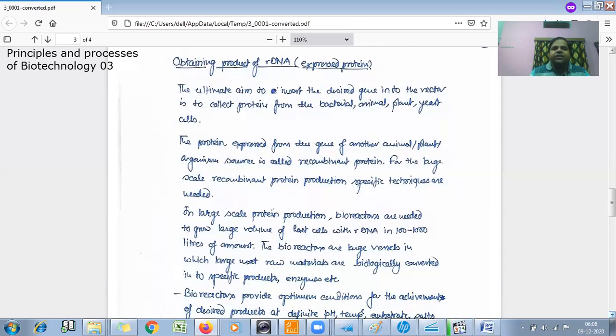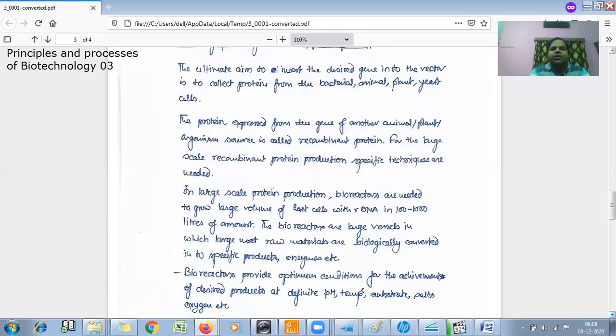We have already discussed how we insert our recombinant DNA into the host to get the desired recombinant protein. The protein expressed from the gene of another animal, plant or organism source is called recombinant protein. For large scale recombinant protein production, specific tools and techniques are needed.